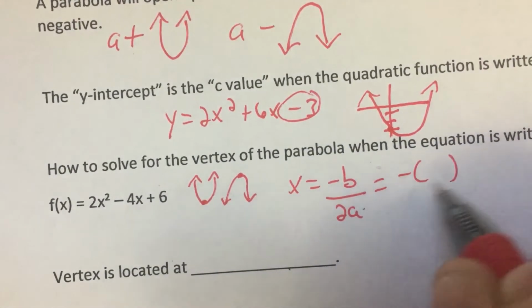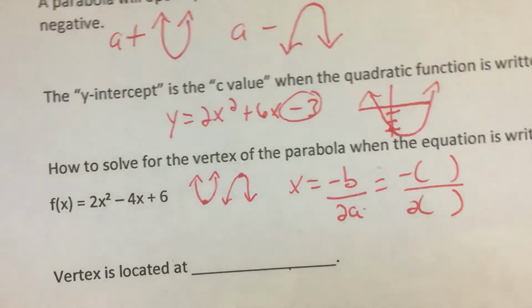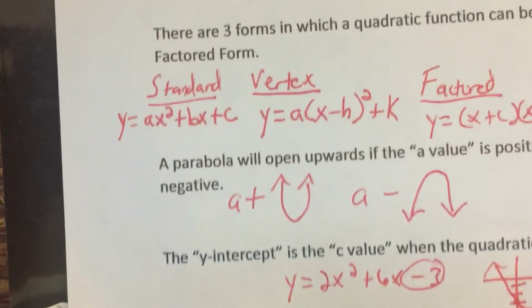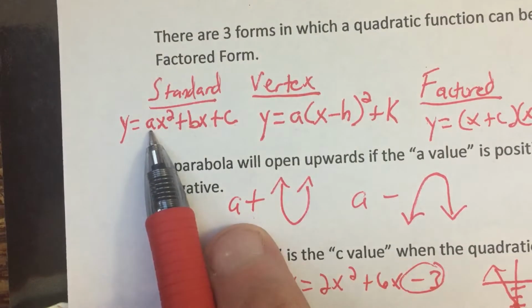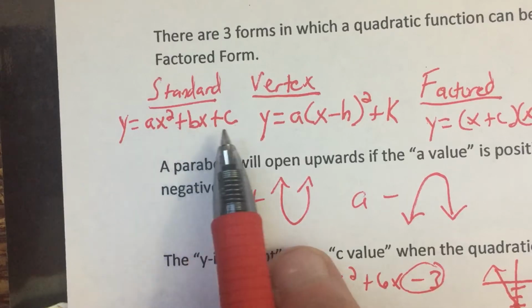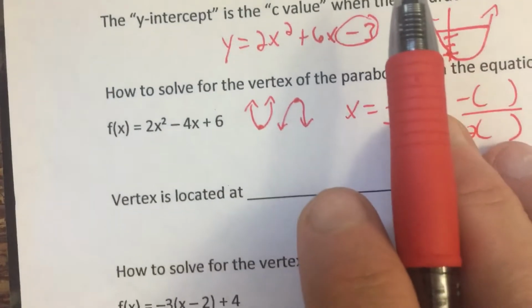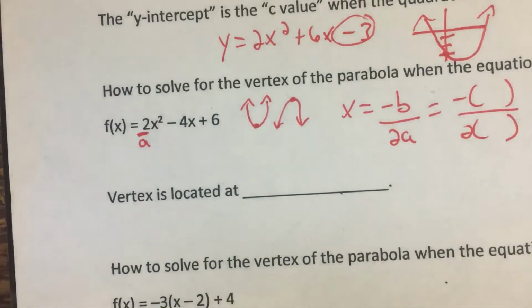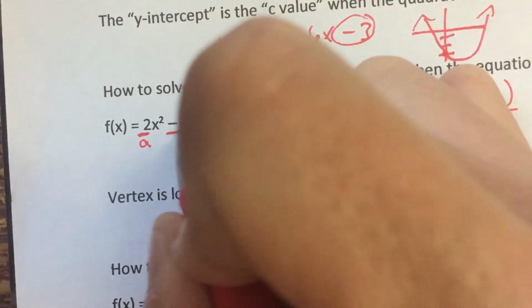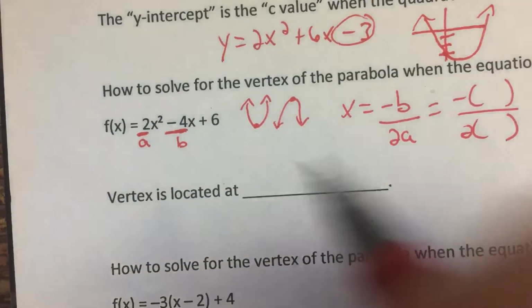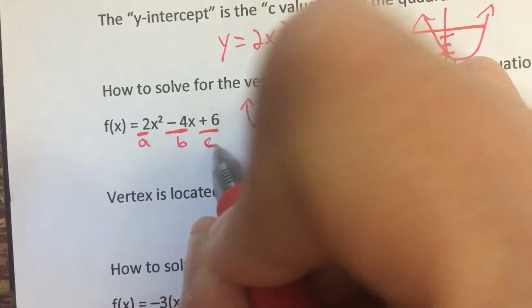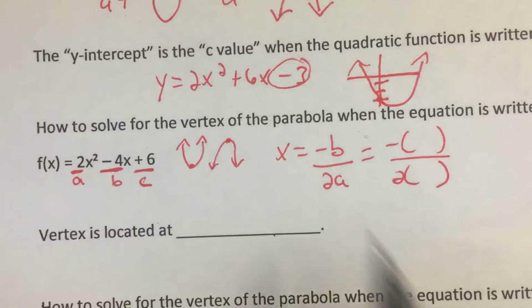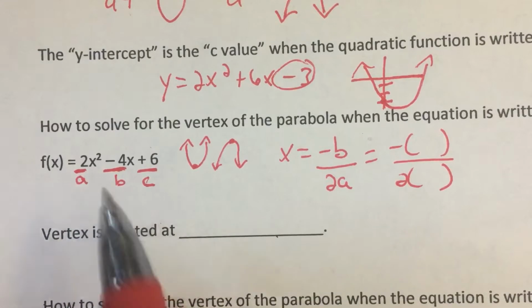We need to plug in for both b and a. Where do we get those from? Again, standard form, the number in front of x squared is a, the number in front of x is b, the number without an x is c. So in this one, a is the number positive 2, b is negative 4, and c is 6. For this formula, however, we don't need c, we just need a and b.